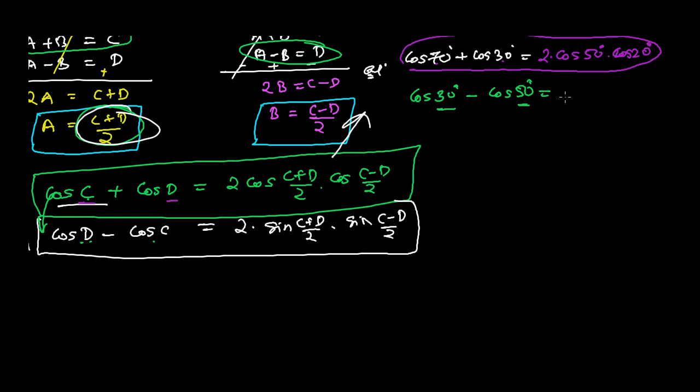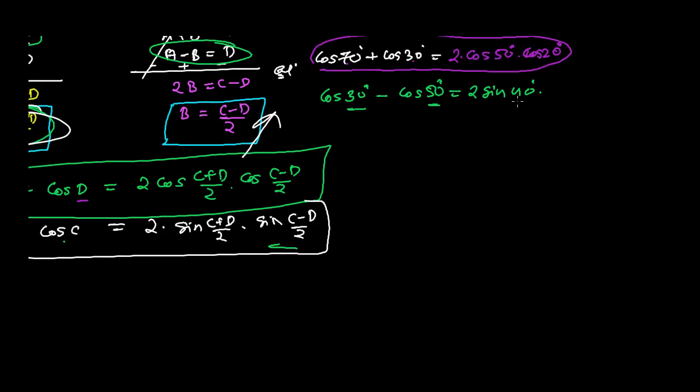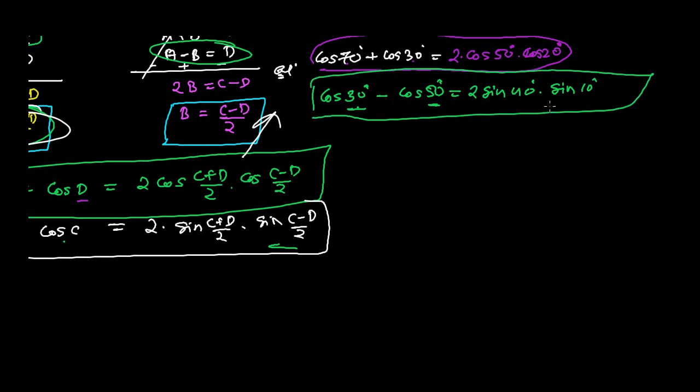So it is twice of sine of c plus d by 2, that is 30 plus 50, 80 divided by 2, that is 40 degree, and another part, sine of c minus d by 2. Here c is 50 and d is 30, so 50 minus 30 is 20, divided by 2, that is 10 degree. So again I converted the difference form of the cosine function into the product form.